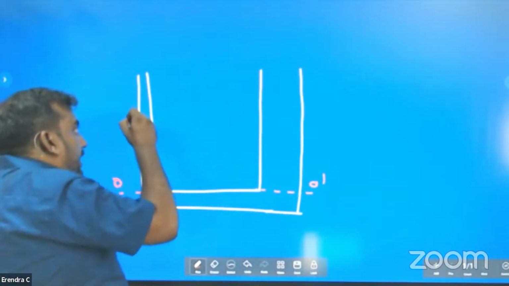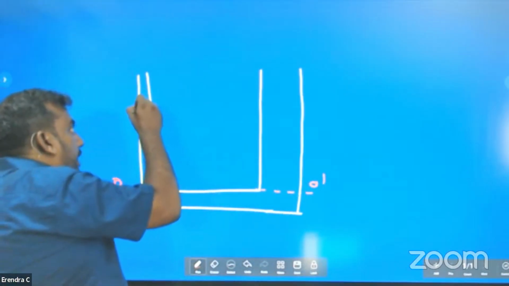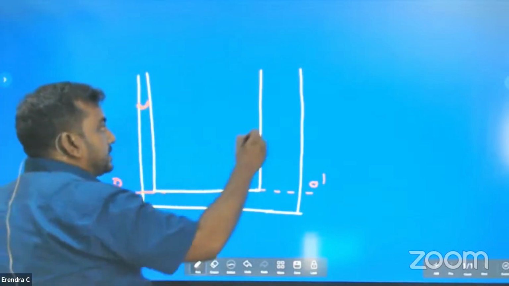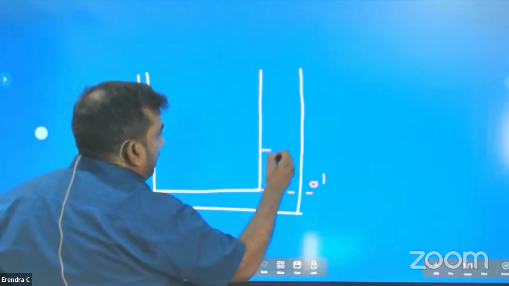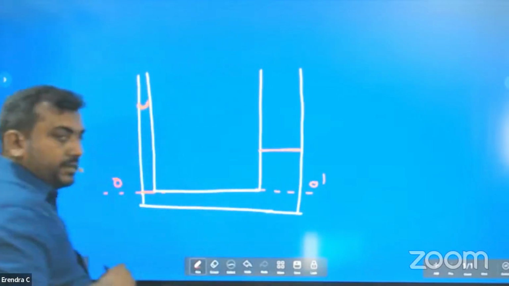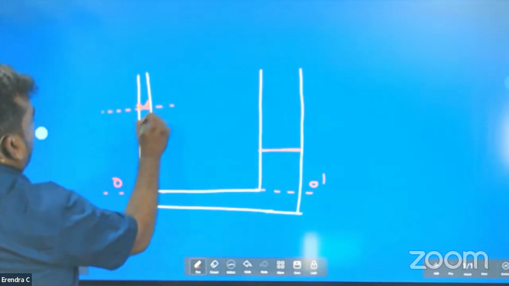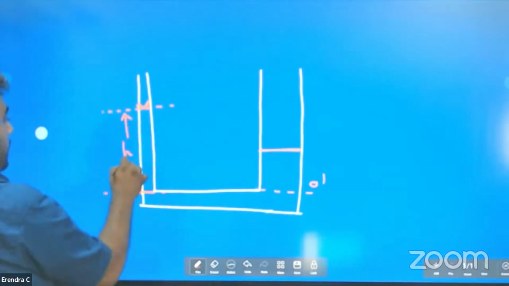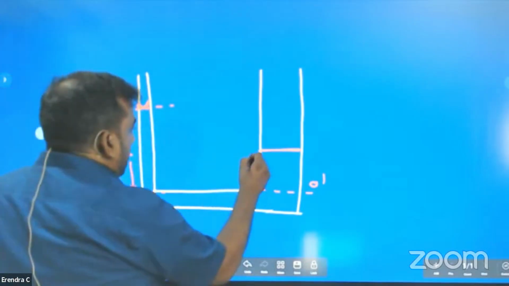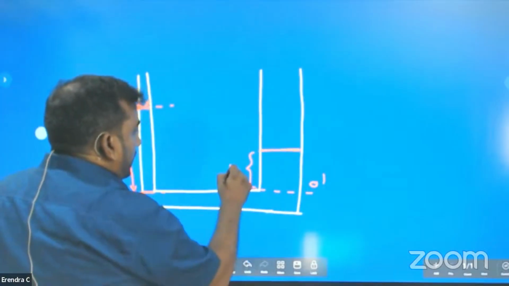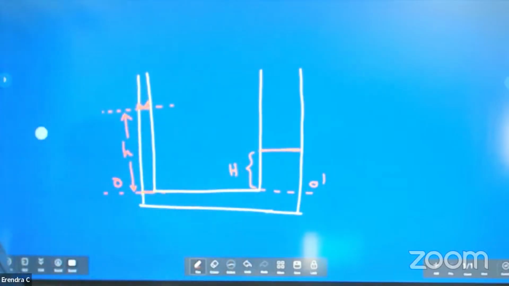Even if you pour a little amount of water, all of you know by practice, here the height is large. Here the height will be less. So here the height in the capillary is simple h. Here the height in the wider tube, with less surface tension effect, is capital H.